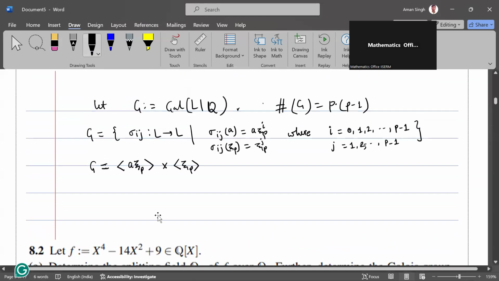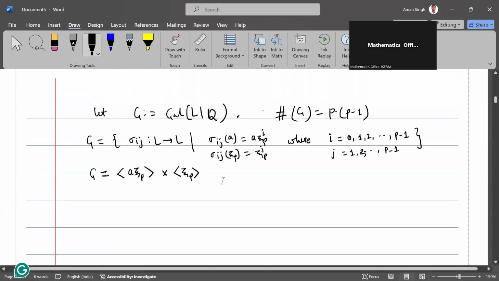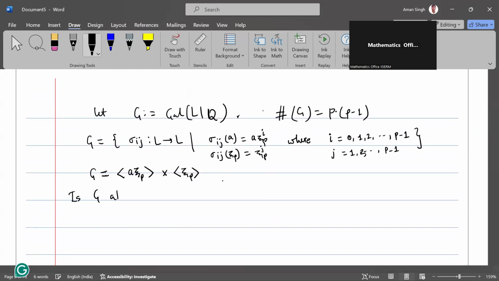So let me first ask if G is abelian or not, because writing it as a product of cyclic groups, it will become abelian. Let's see.